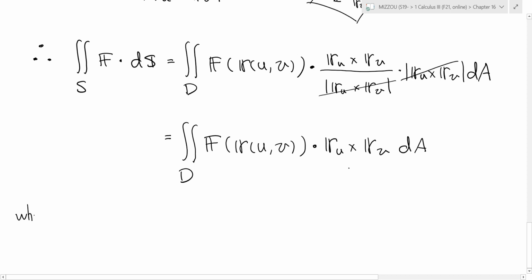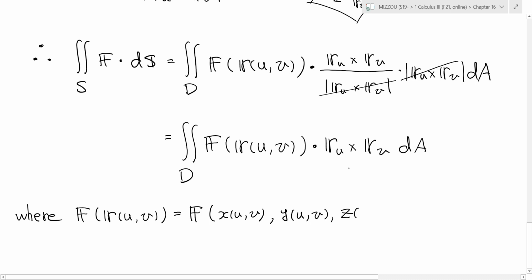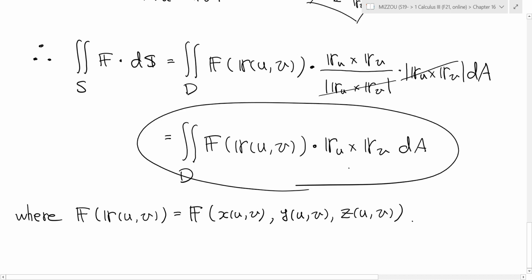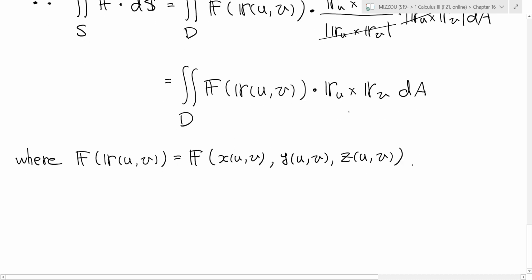Where F of r(u, v) is indeed F, but for the variable x, we plug in the x component of the parameterization, x(u, v), and y is y(u, v), and z is z(u, v).